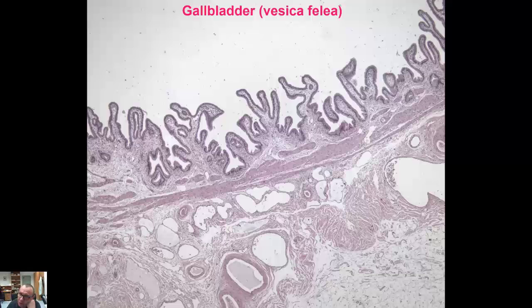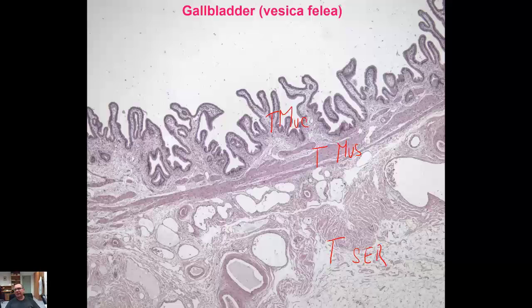The 3 layers of the gallbladder and extrahepatic bile ducts are Tunica mucosa, Tunica muscularis, and Tunica serosa.